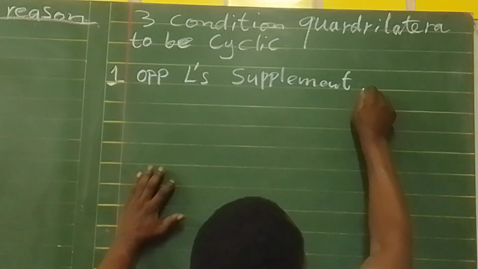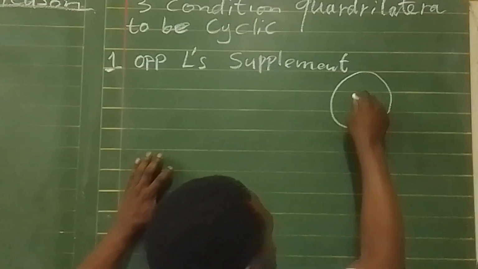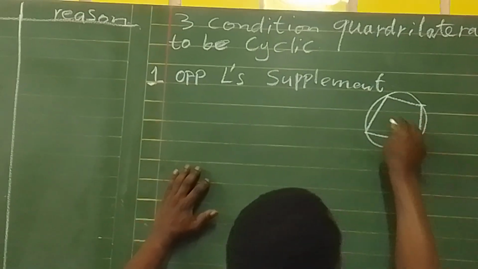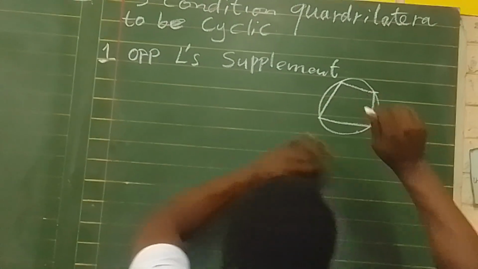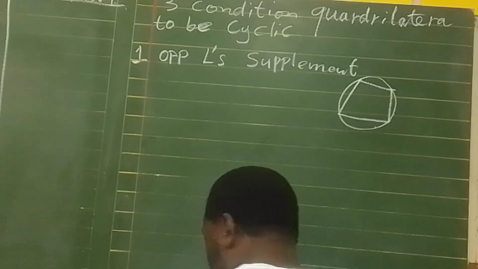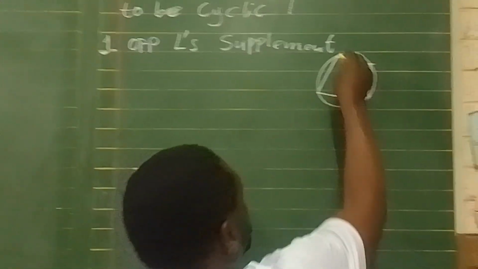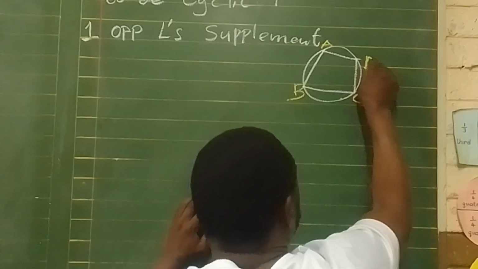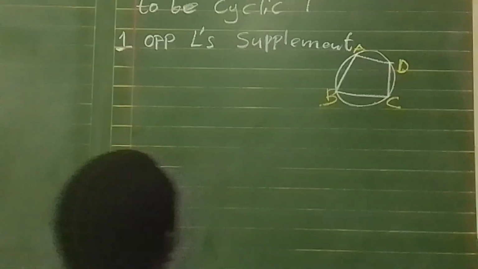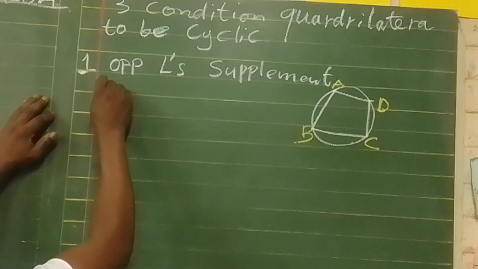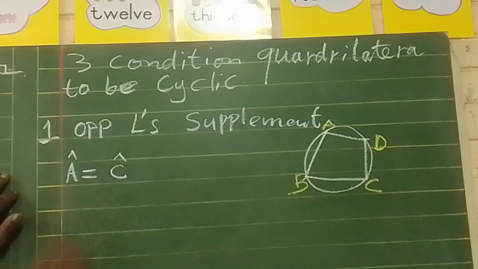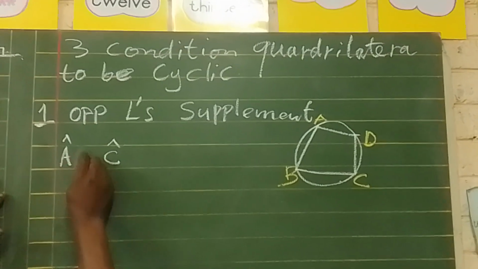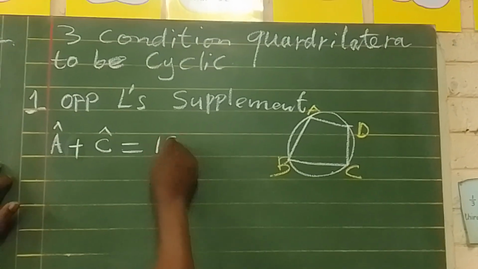Let's do that example. Here you have a quad. This is point A. This is B, C, and D. That means angle A must be equal to angle C. In order for this to be cyclic, angle A plus angle C supplement.